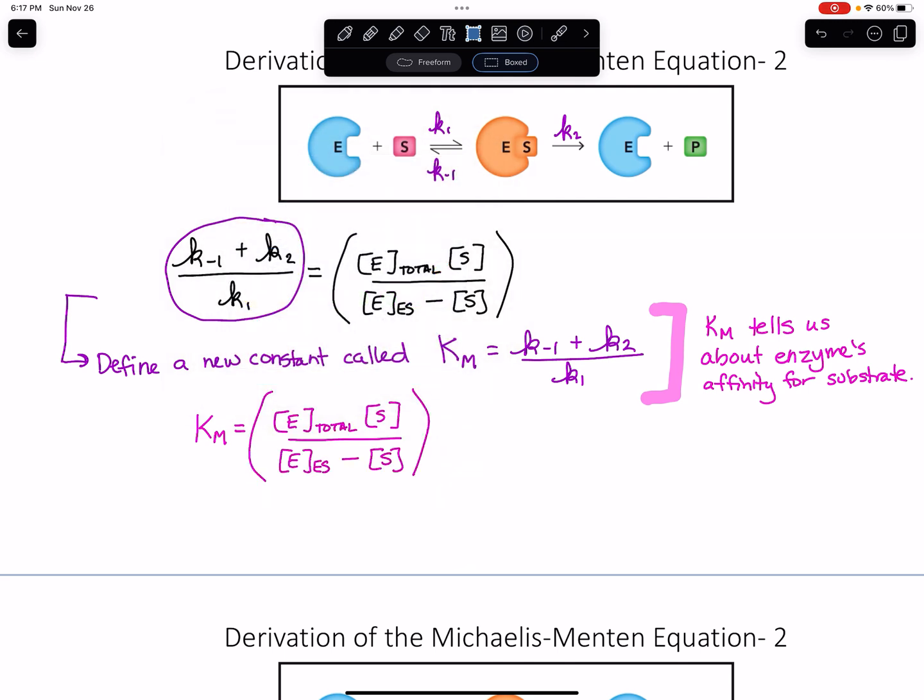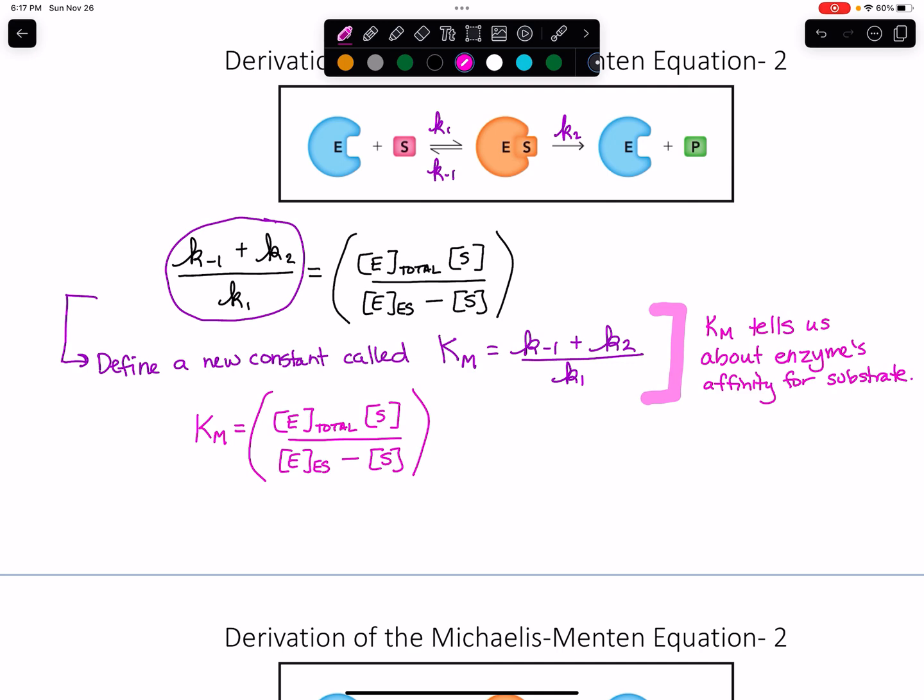So now we have the equation in terms of our new constant Km. The next step is that we want to have this in terms of data that we can measure, things that we can control, or parameters that we can fit our data to.